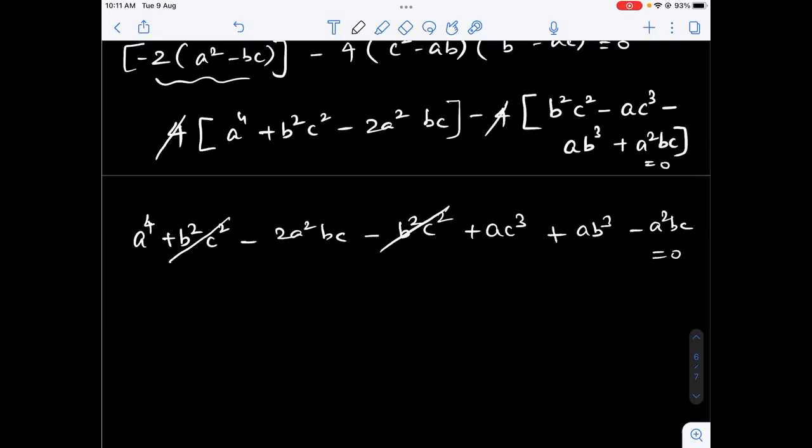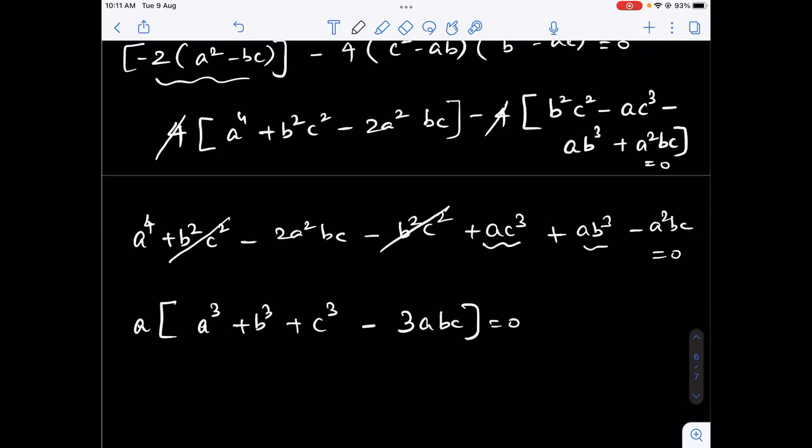Out of all the terms, if I observe, a is common. So a into a cube plus b cube plus c cube minus 3abc is equal to 0.